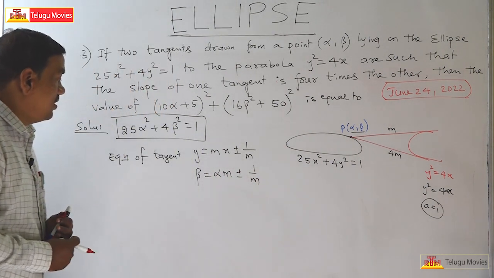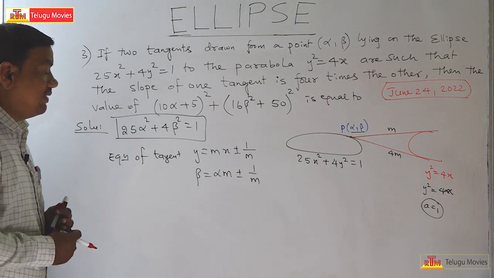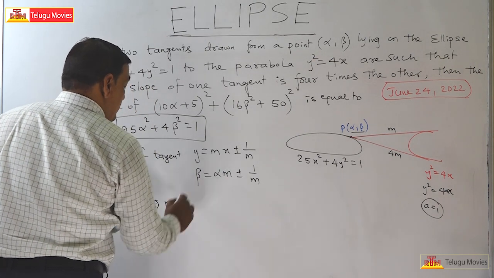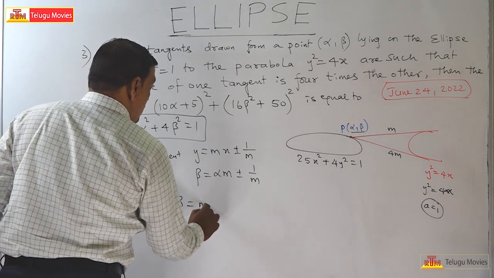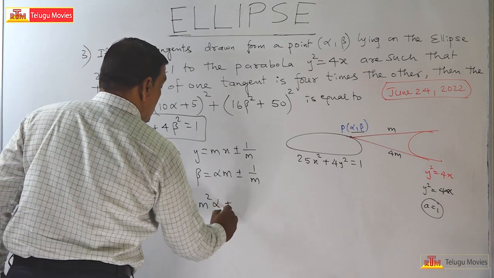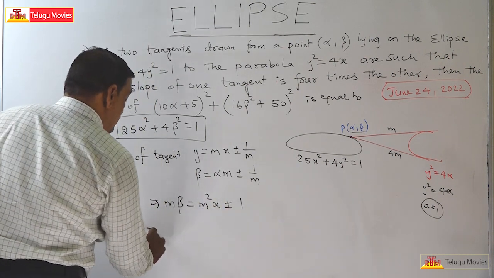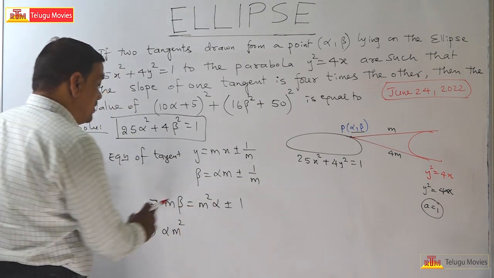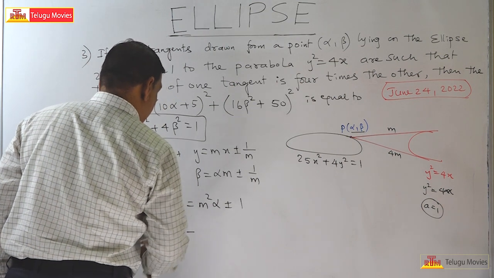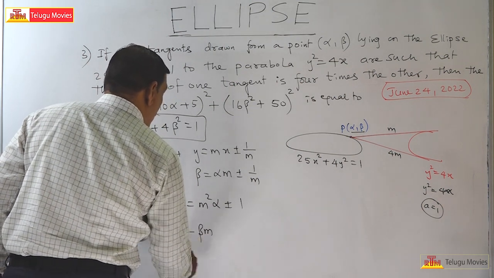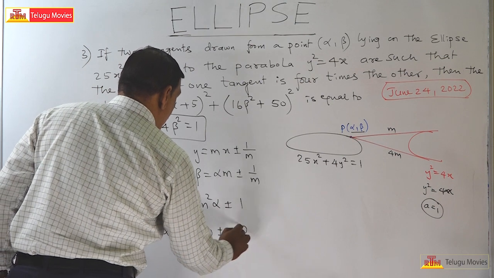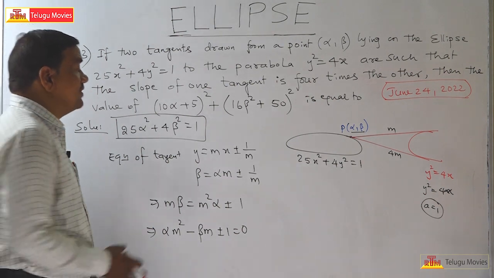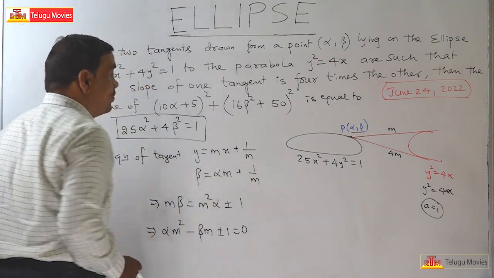Now, let us cross multiply this. Multiplying with m, we get beta m = alpha m² + 1. Taking beta m to the other side, alpha m² minus beta m plus 1 equals 0. Here, no plus or minus is needed: c is equal to a by m, only a by m.